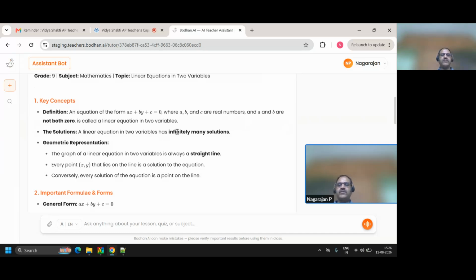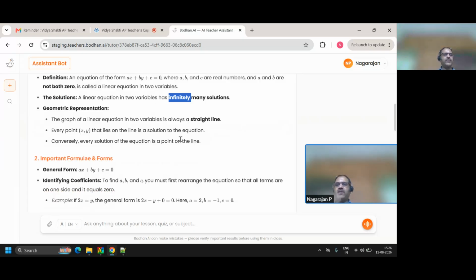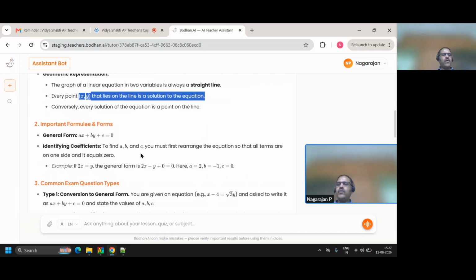It may have different types of solutions depending upon the number of equations we get. And the graph of a linear equation represents a line, and every x and y becomes a point of that line. Now, what is the formula?